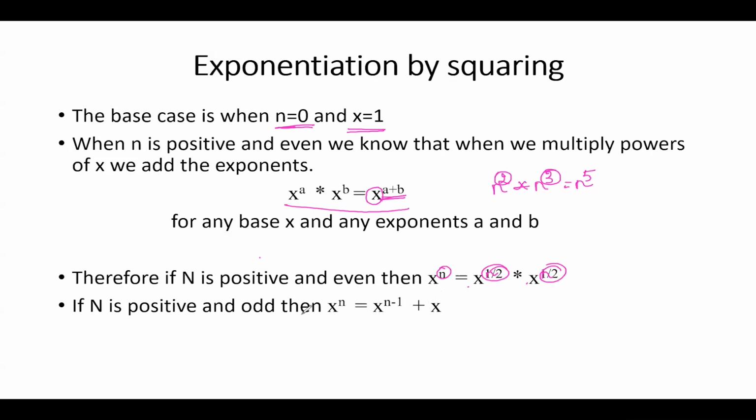Similarly, if it is an odd number, then I can say that x to the power n is x to the power n minus 1 into x, which gives me n in case of an odd number. So what are we understanding with the help of this? Here we are trying to understand this concept where we add the powers of any given number with the same base, and let us try to understand whether we can use this to compute the exponent value of a to the power n.